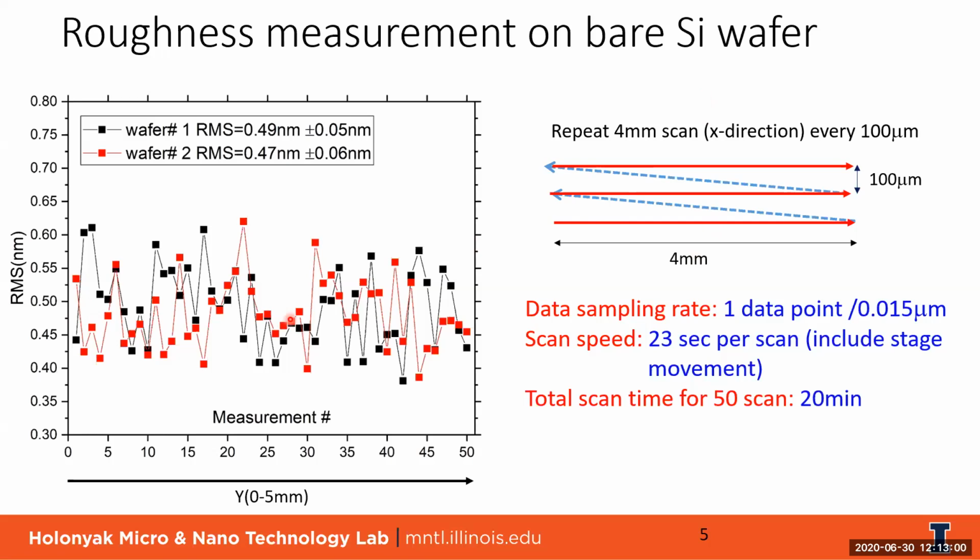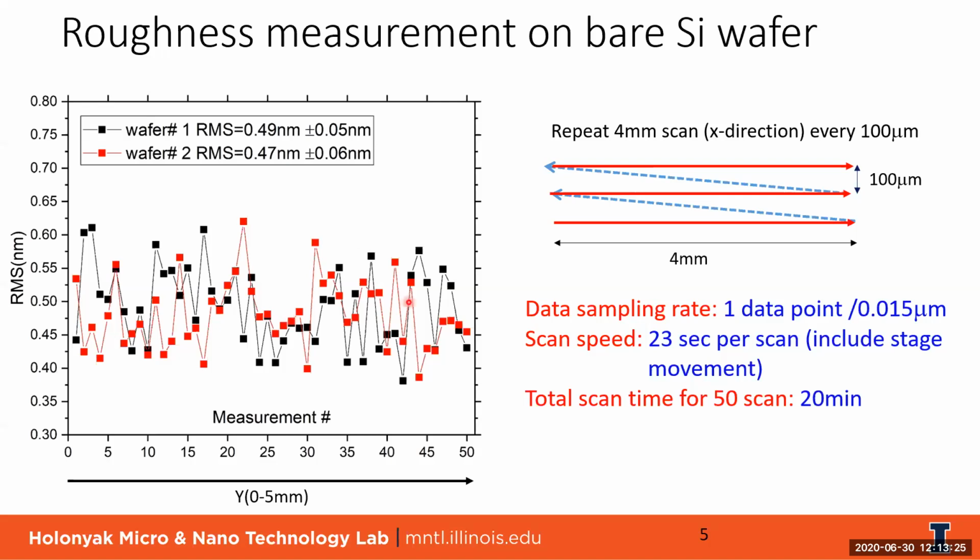So now that we have established some confidence that the RMS value is quite repeatable, the absolute value may not be exact, since our stylus radius is 2 micron, but within the same system we can have some confidence in using it to compare roughness across different processes.